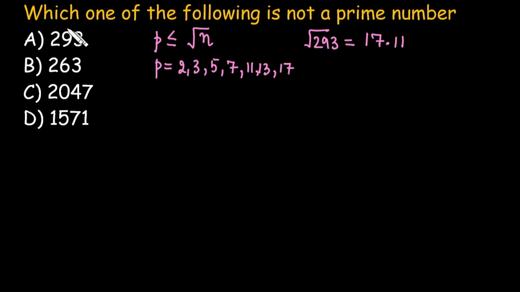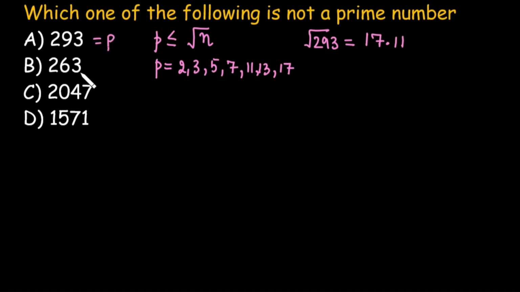Now check whether 2 divides this? No. Whether 3 divides this number? No. Whether it is divisible by 5? No. What about 7? No. With 11? Again no. This number is not divisible by 13 and 17 either. So it is a prime number.